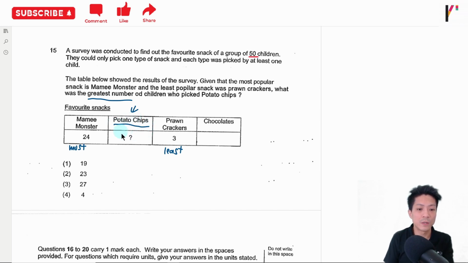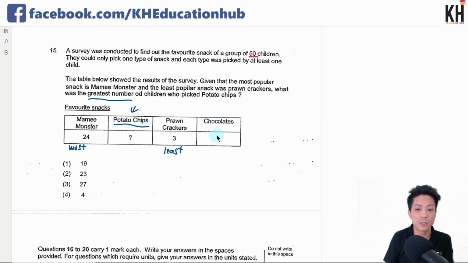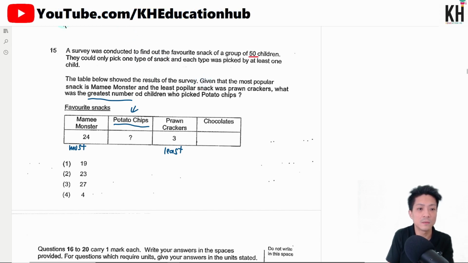If you want the greatest number, then chocolate's gotta be 4. It cannot be 3 because the question says that the least popular snack is the prawn cracker. Right, the least popular.